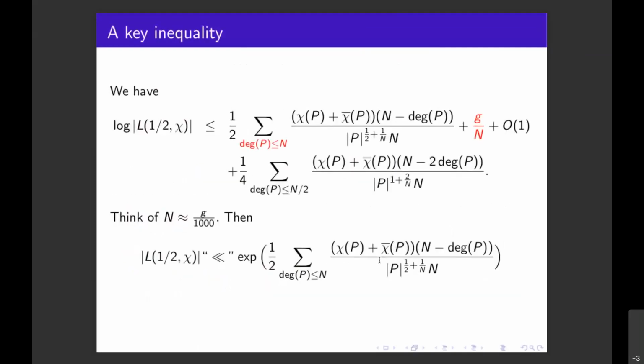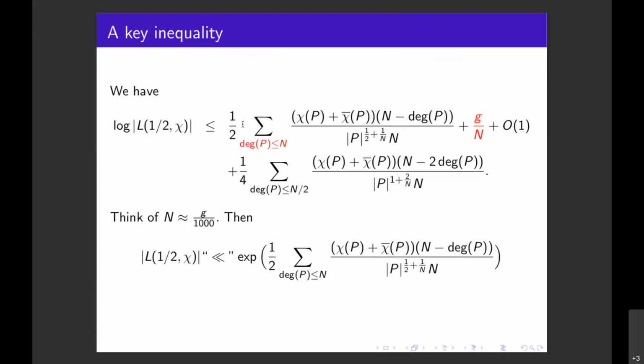Okay, so the starting point here, the key inequality, is an inequality for log of the absolute value of the L function. This is also the starting point in the proof of Soundararajan on almost sharp upper bounds for moments of L functions. So the point is that we want to upper bound the log of the absolute value of the L function by a sum over primes. In fact, we upper bound it by a sum over prime powers.